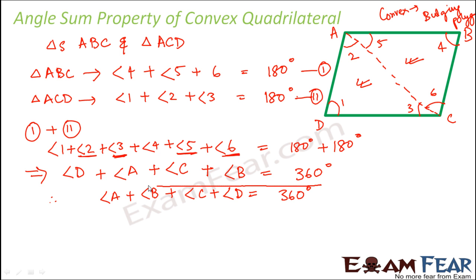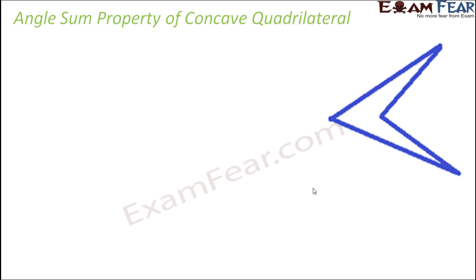Now you might say that okay, this is the case for a convex quadrilateral. Will it also hold true in case of a concave quadrilateral? Why should we be in doubt? So let us try to calculate the same thing for a concave quadrilateral. So this is a concave quadrilateral. Here also let us first name it.